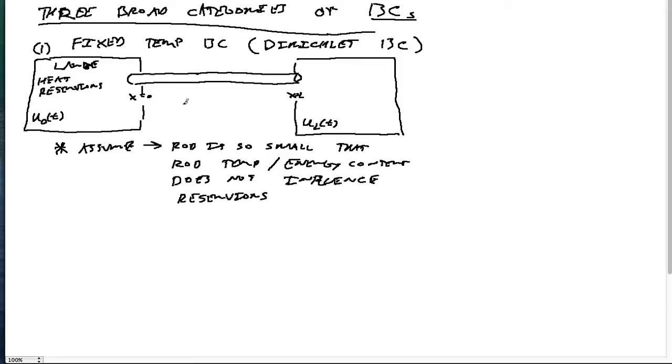So these reservoirs could be hot or cold, and the rod could be very hot or very cold, but it doesn't matter because the actual energy content inside of the rod is so tiny it does not influence these temperatures.